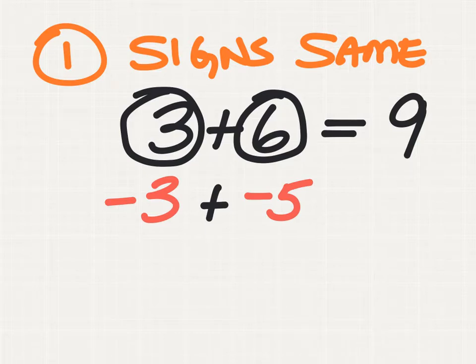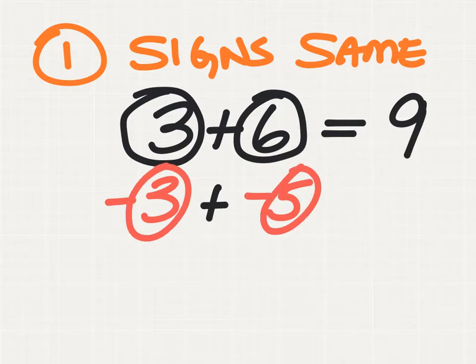So 3 plus 6 would be 9. Just like 3 and 5 would be 8, and they share the negative sign. Negative 3 and negative 5 would make negative 8. When I'm adding integers that share the same sign, I simply combine those two integers and keep the sign they already share.